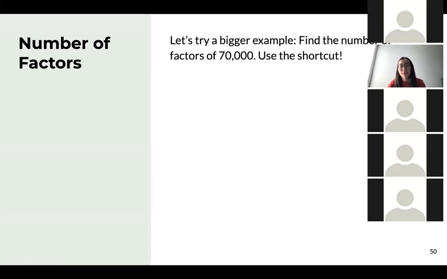And this method works the best on bigger numbers. So I want you guys to try out finding the number of factors that 70,000 has. And it's okay if you don't get it, because we're going to go over it, and hopefully doing it step by step will help make more sense. I'll give you guys a minute or two to try.